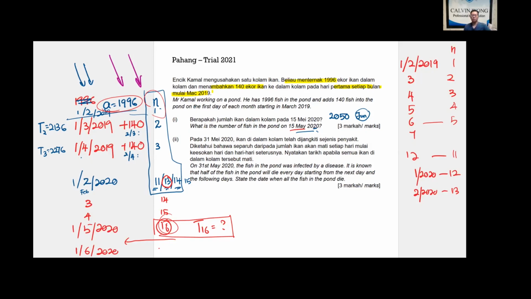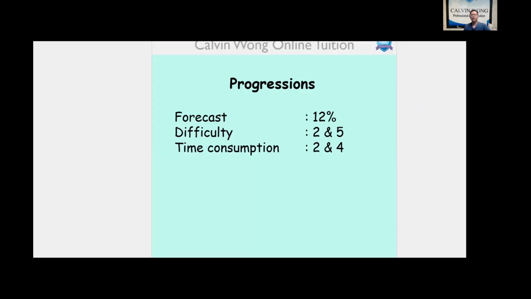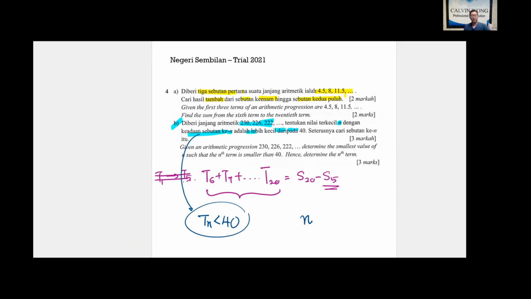That's why I say progression, you have two types. One is very simple one. We just use whatever simple formula. And one more thing, they like to ask you proving. Prove the formula.